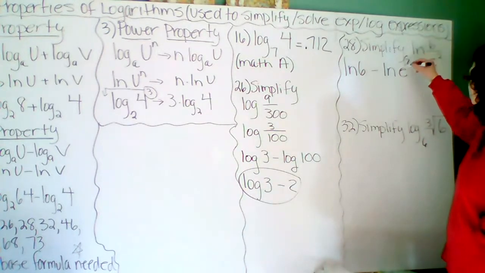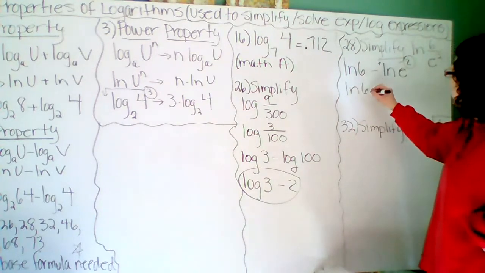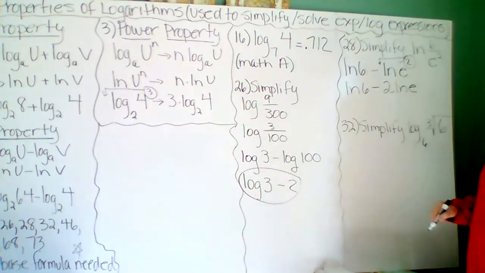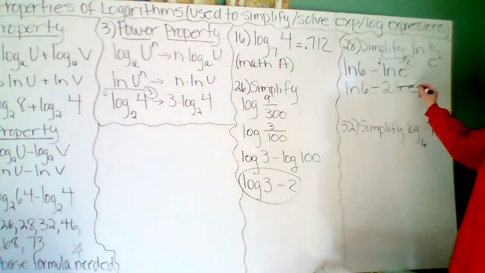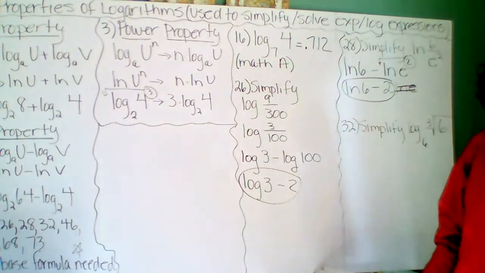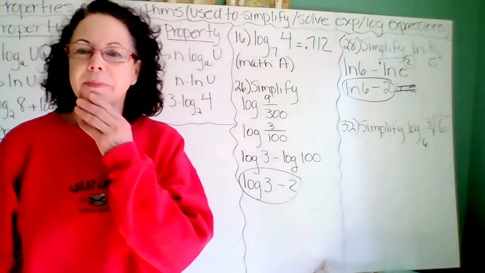How about a little power rule here? Let's bring the 2 out front and multiply it by the rest of the expression. And we know the natural log of e is 1. Our final simplified answer, the best we can do without estimating, is the natural log of 6 minus 2.